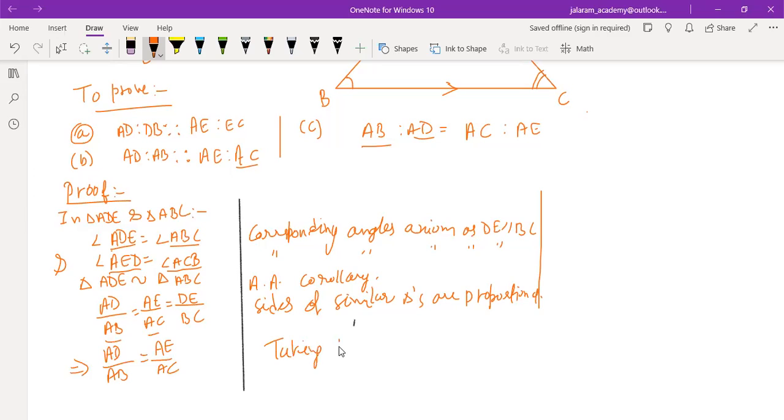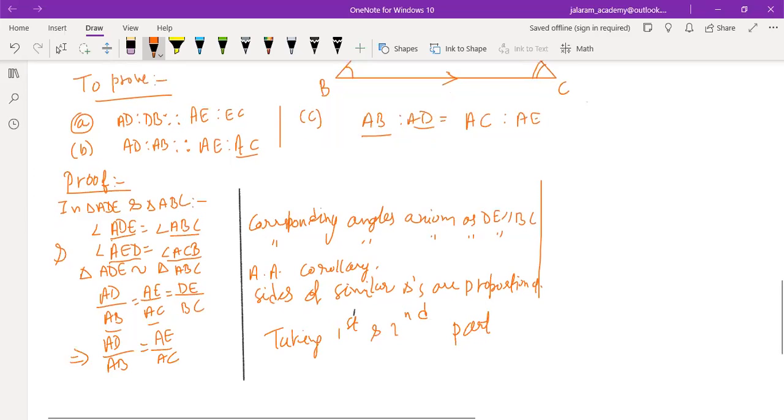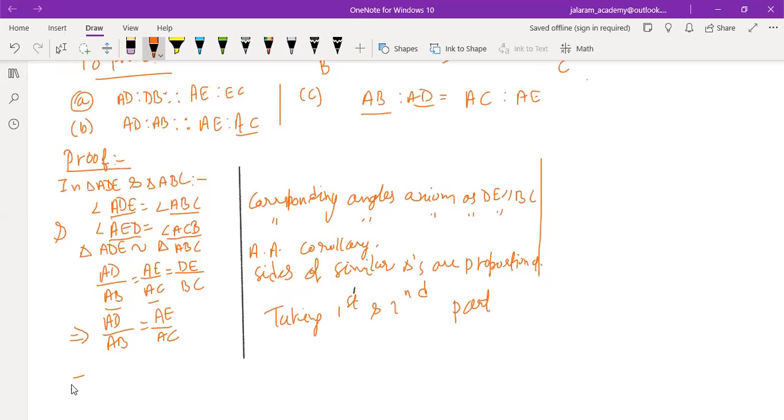what should we do now? Taking the first and second part, we are getting AD upon AB equals AE upon AC. Clearly, this is called invertendo. AB upon AD equals AC upon AE. This is the second part. You can observe it.